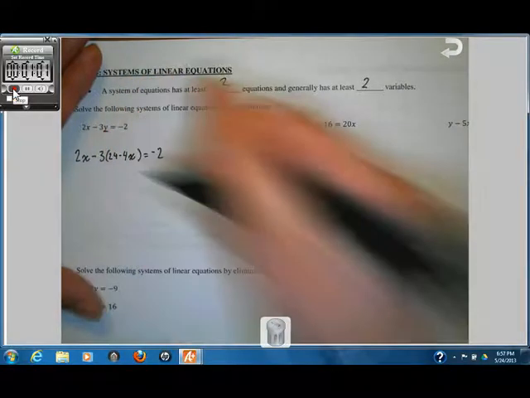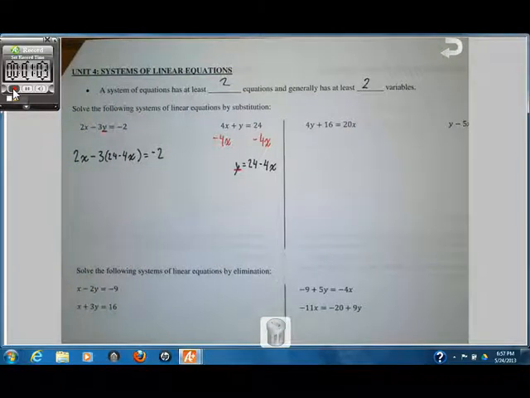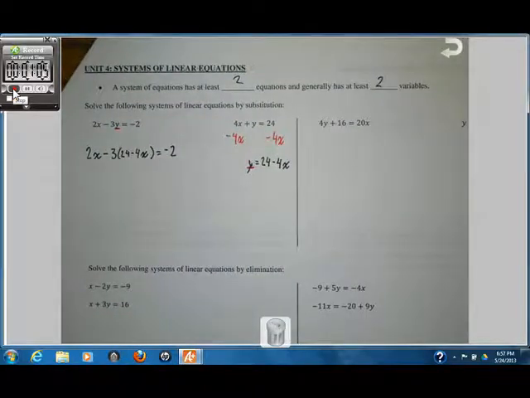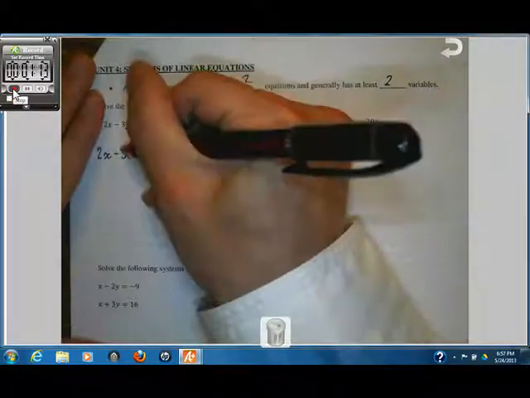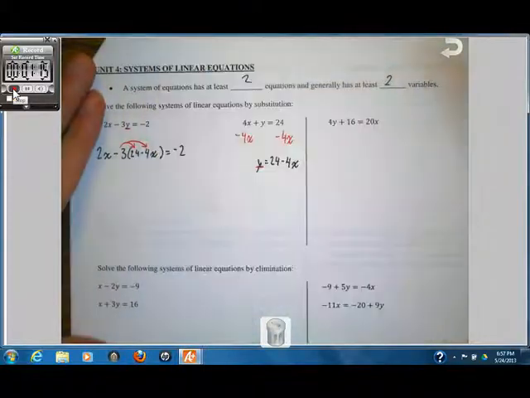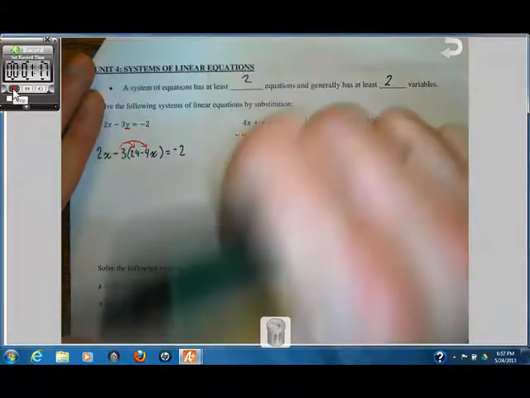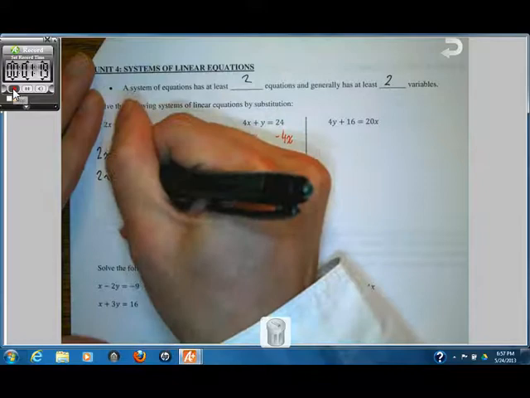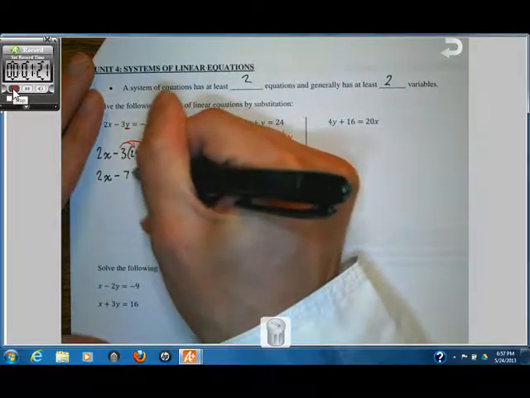Now that I have it written as such, I now have one equation with one unknown, which I can solve. So, you do the distribution. So you have now 2x minus 72 plus 12x is equal to negative 2.